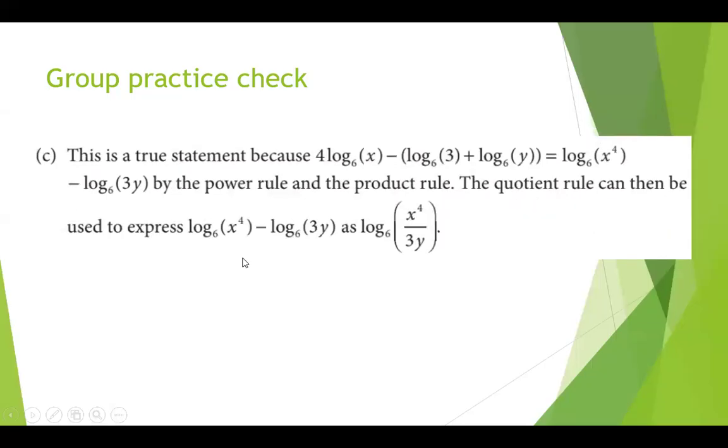All right, let's look at C. C was true. One thing I didn't have to stress: remember the power? We do power first, and then you're going to work from left to right. So this is going to be divided by this and then multiplied by that. Or you could have multiplied and then divided, because there's two symbols, which means that you're using quotient and product.